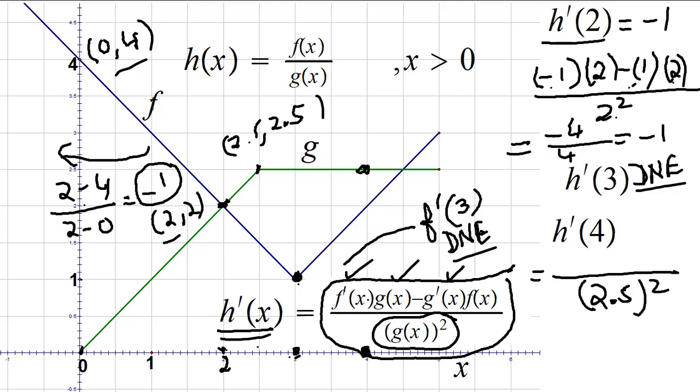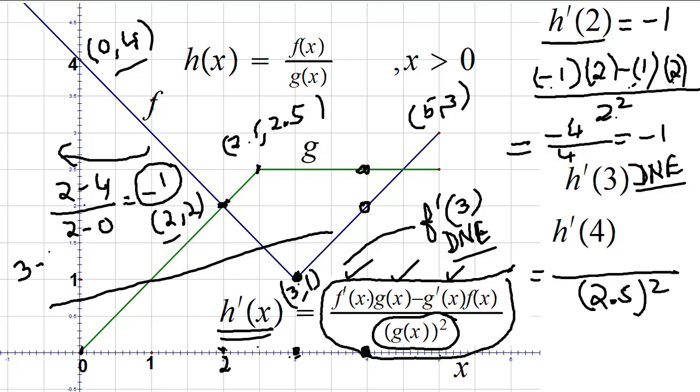In the numerator we will have the derivative of f at 4. Here is our f at 4, and that is the line segment that connects (3, 1) with (5, 3). The slope of this line is (3 minus 1) over (5 minus 3), and you can see from the graph that simply is 1. So f prime at 4 is 1.